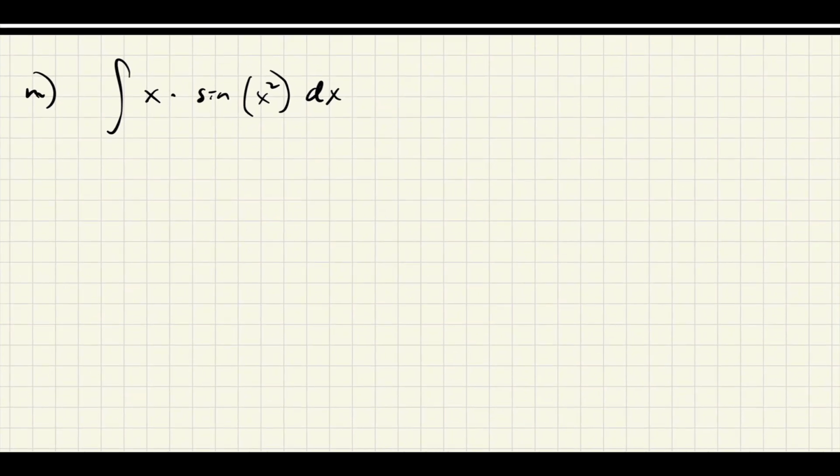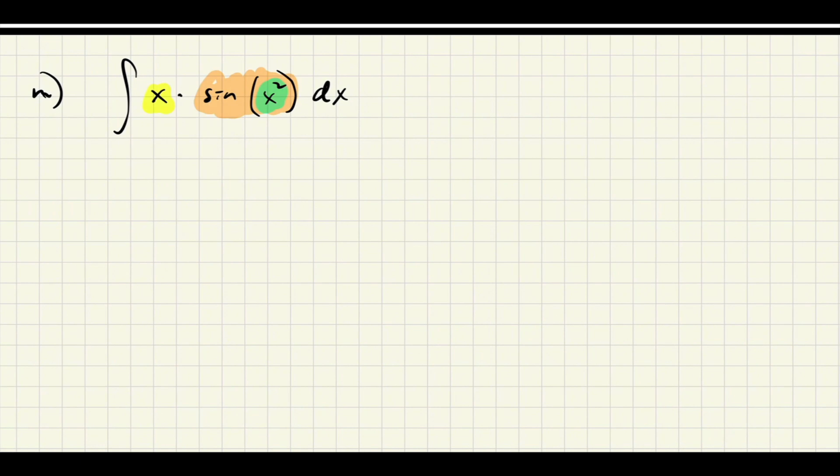Okay, so we have x times sine of x squared. So the whole thing is not squared, just the angle. Light it up. x in yellow.